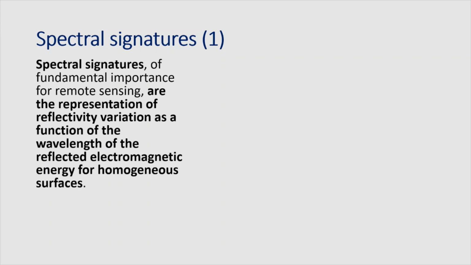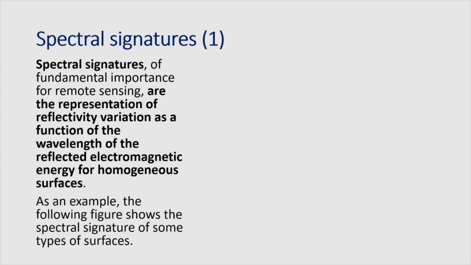In this case, we are taking into consideration spectral signatures. Spectral signatures, which are of fundamental importance for remote sensing, are the representation of reflectivity variation as a function of the wavelength of the reflected electromagnetic energy for homogeneous surfaces.